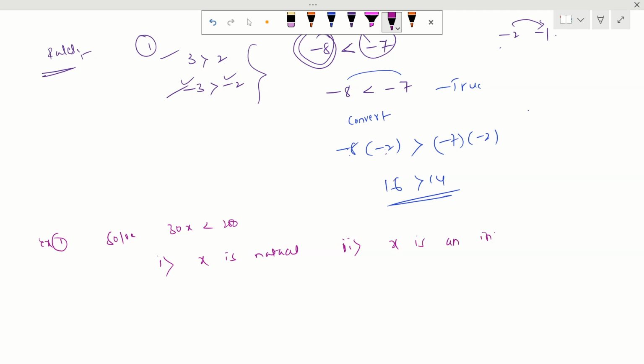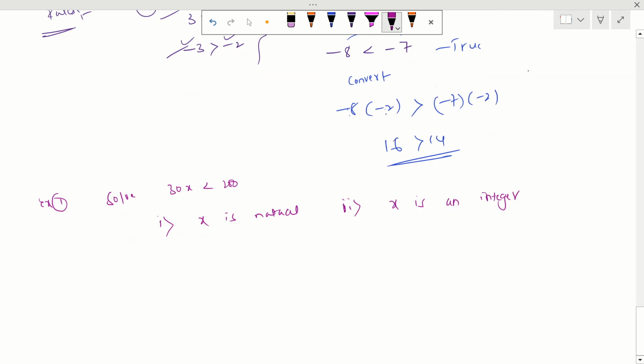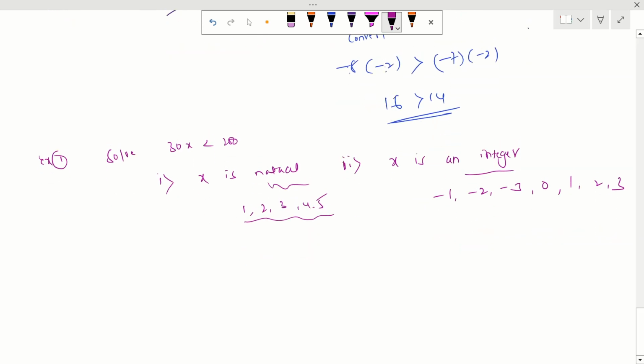We understand what the natural numbers are. Positive numbers other than 0 are called natural numbers: 1, 2, 3, 4, 5. Integers include negative numbers, 0 and positive numbers. This one you know from chapter 1, right?